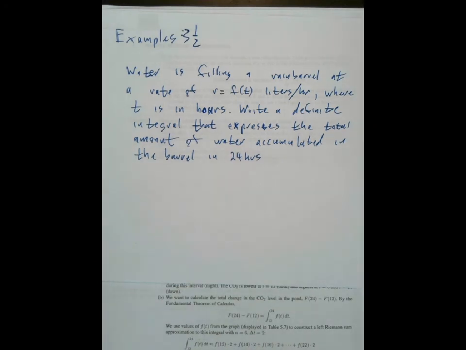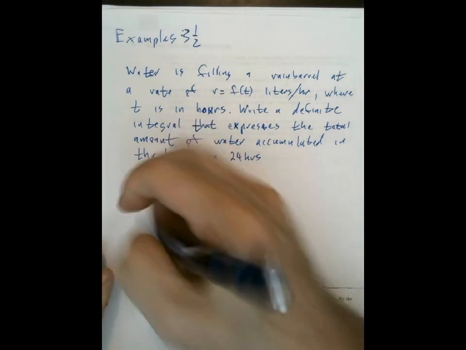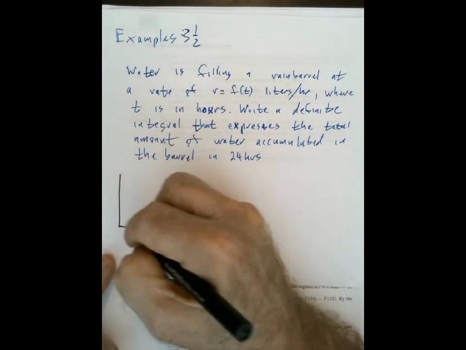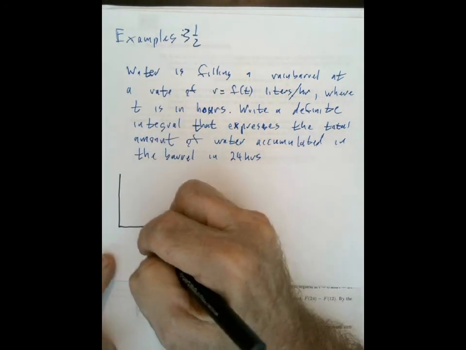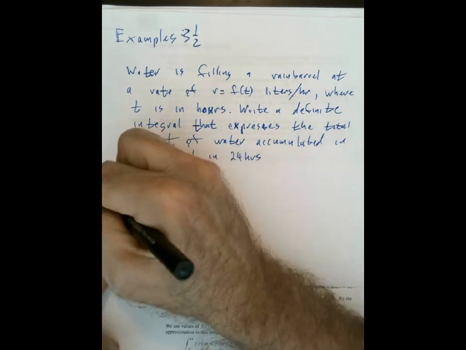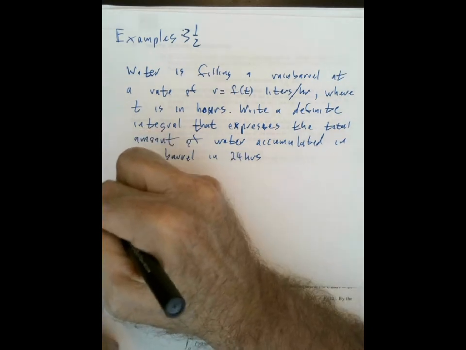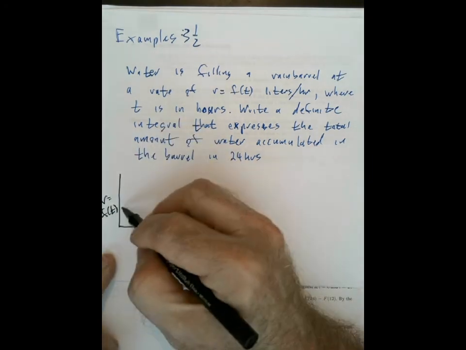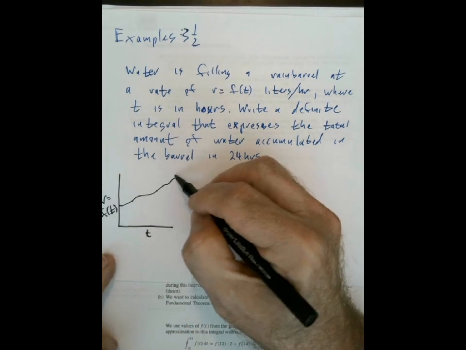Let's make a graph to illustrate this. This is going to be t, and this is going to be R, which is f of t. R is a function of t, something like that.